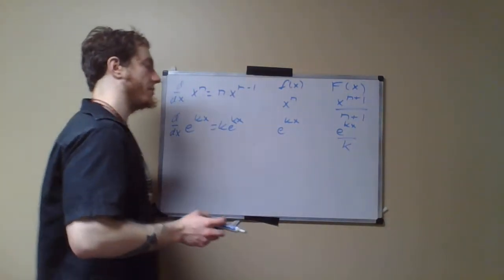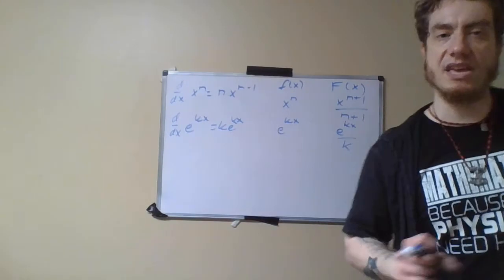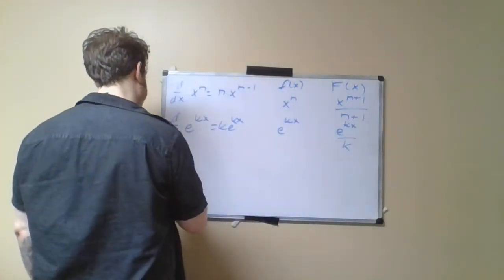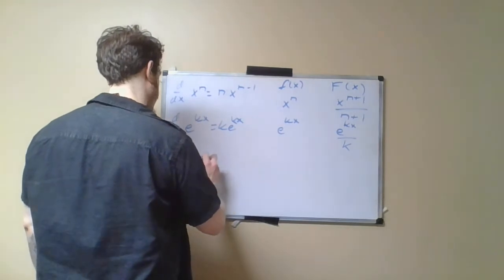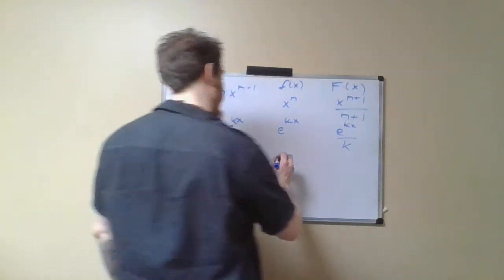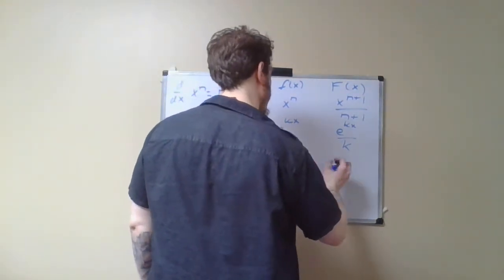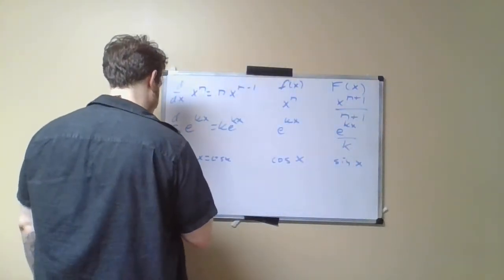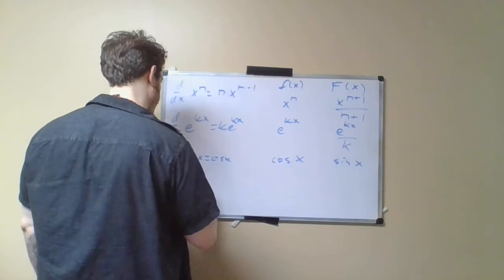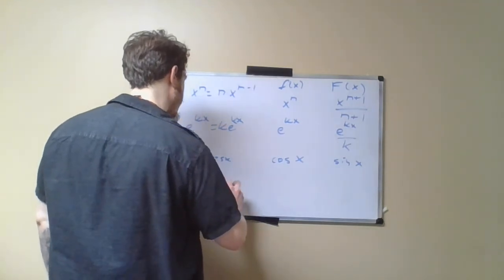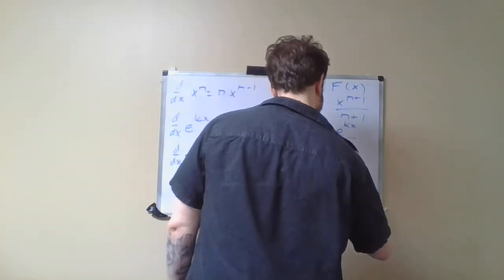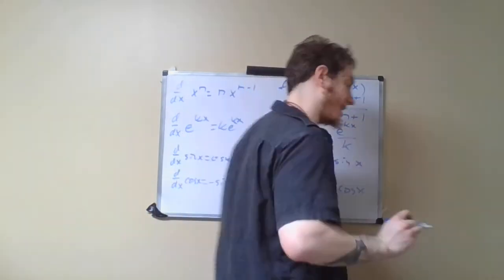So that's another antiderivative rule that you can use. And then we also have a bunch that we get from working with the trig functions. For example, the derivative of sine x is cosine x, so that tells me the antiderivative of cosine x is sine x. The derivative of cos x is negative sine x, so that tells me the antiderivative of sine x is negative cosine x.